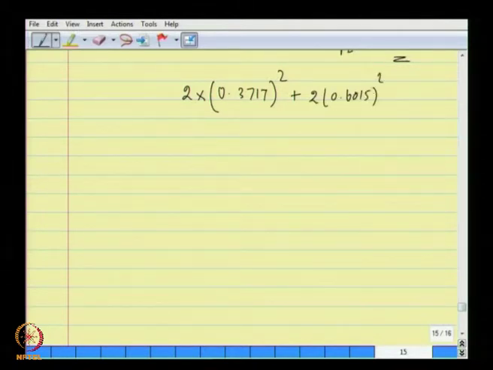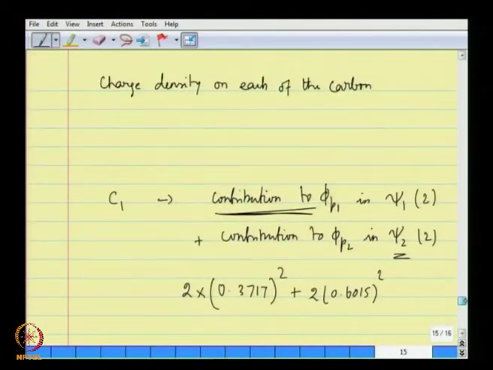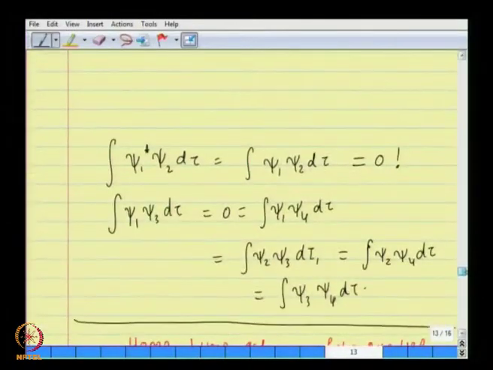So this is the total charge density on each of the carbon, in this case carbon 1 is the sum of this, and this is of course equal to 1. Please remember, this is how we got the normalization constant.